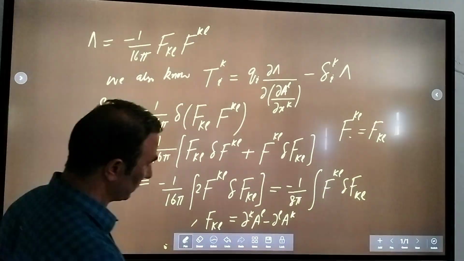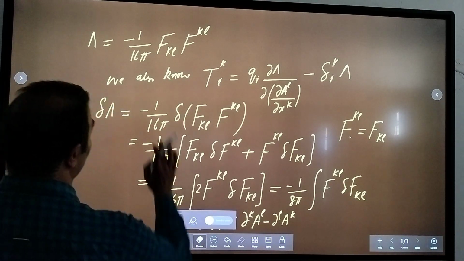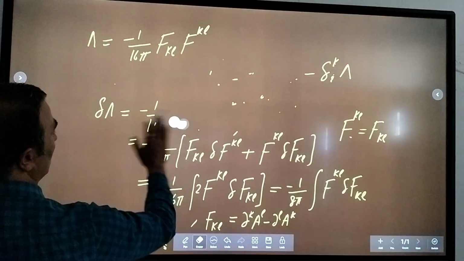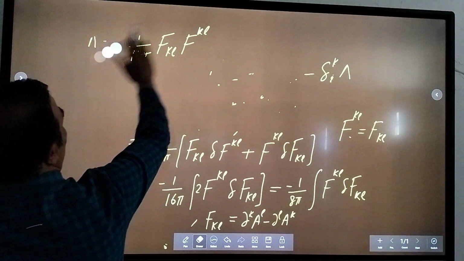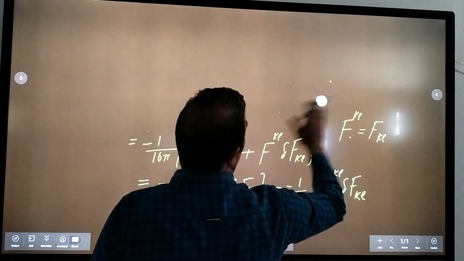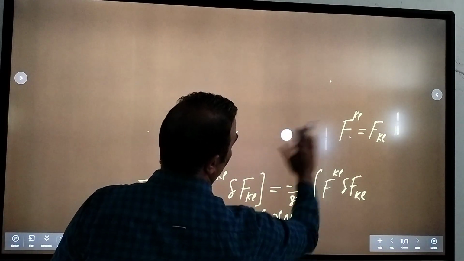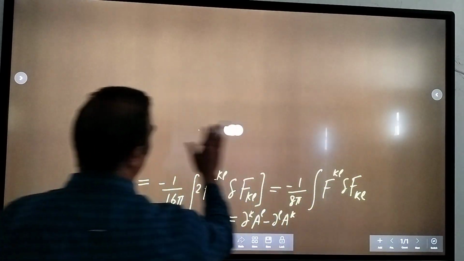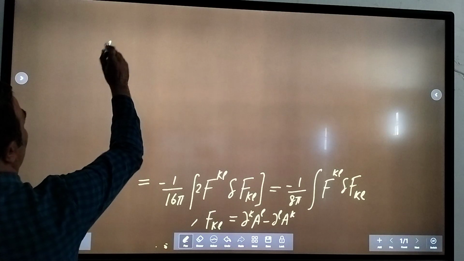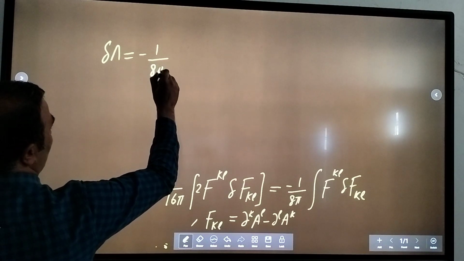Okay, right. So I can rewrite this term as then: this term I can write as lambda equal to minus 1 by 8 pi.